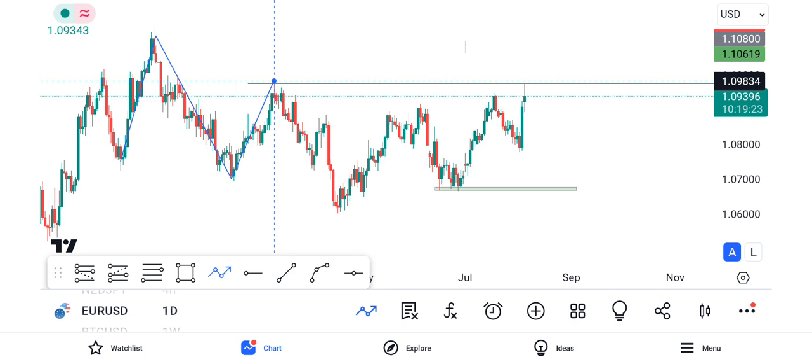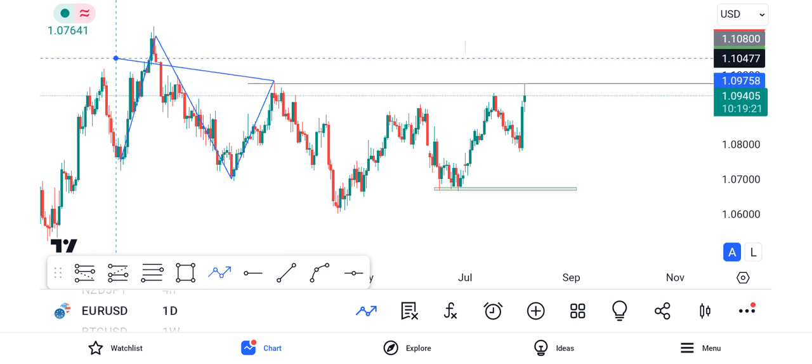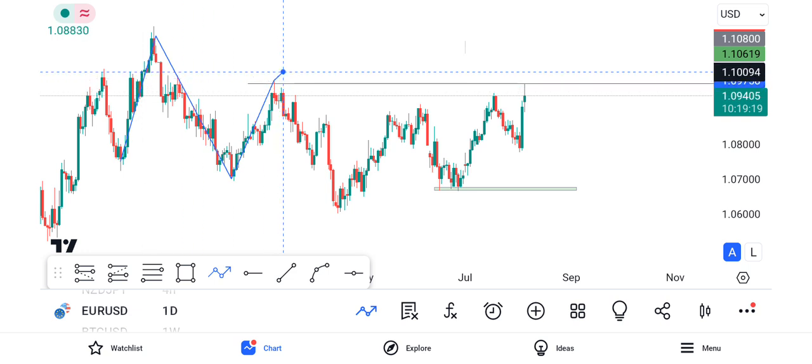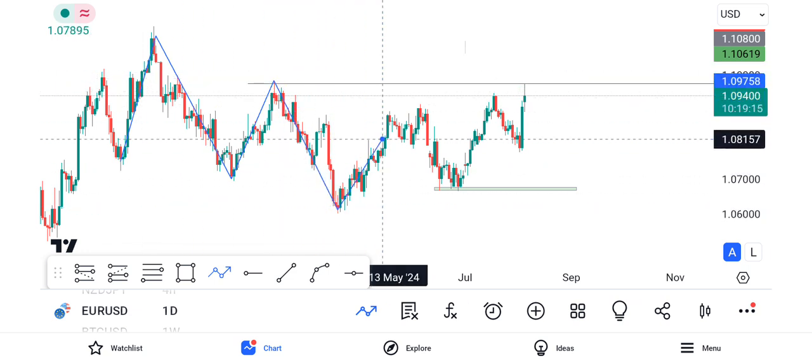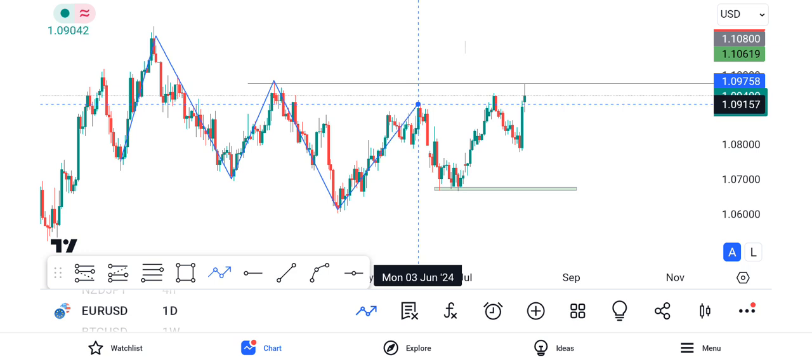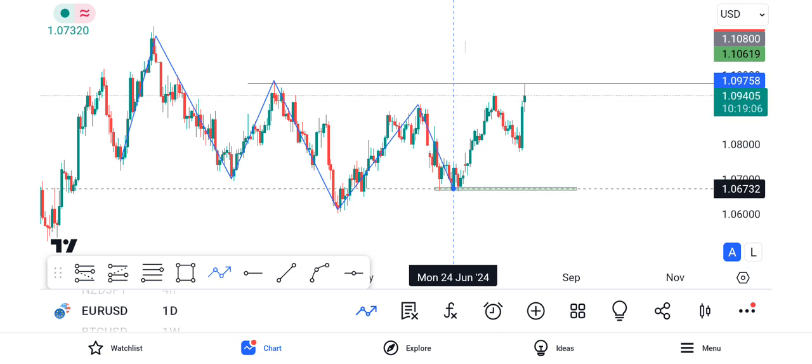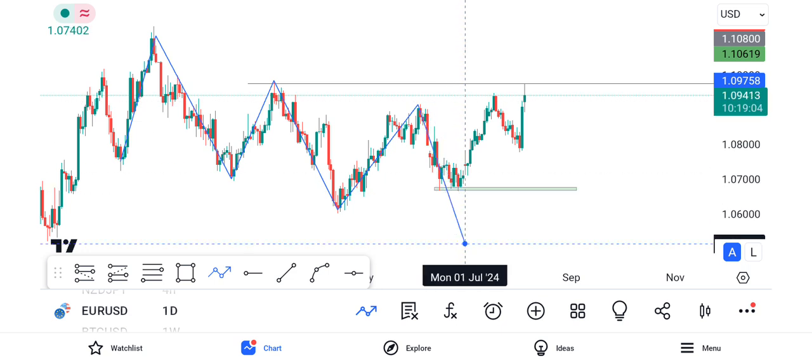Price shifted into a bearish trend and finds a resistance. If you look left right here, it finds a resistance and shoots down, then comes back up here again and also finds a resistance. This should be a Fibonacci resistance, and then it should shoot down.